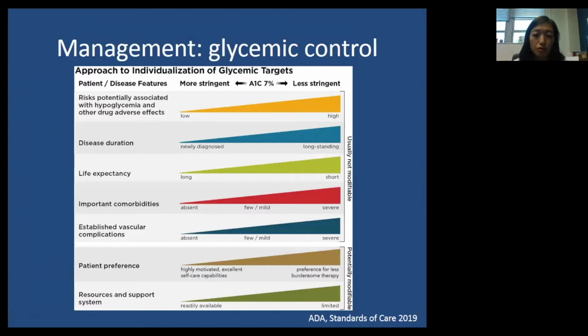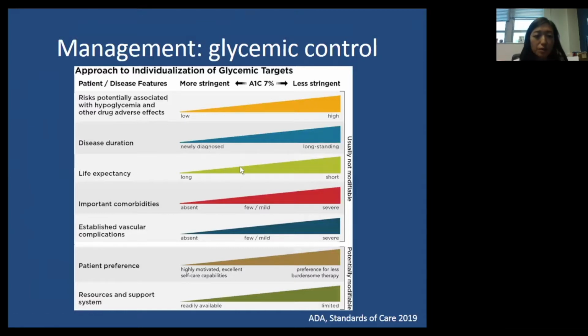For example, I see patients here at Grady in our county hospital, and many of them really have very low resources available to them, low income. Their educational achievement may also vary, but if they're lower, and they're more prone to hypoglycemia, I may set their A1C target at 8% or maybe 7.5% or lower, really depending on what they're able to do.